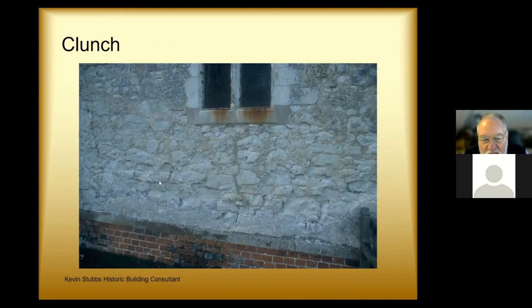And usually it was covered with a fine lime render and lime washes in order for it to survive. Where it was used for dressed stonework, again, it would have had coats of lime wash on it. And quite often it survived from the medieval period right through until people started to intervene using cement mortars for pointing. And that led to a rapid deterioration of the material.